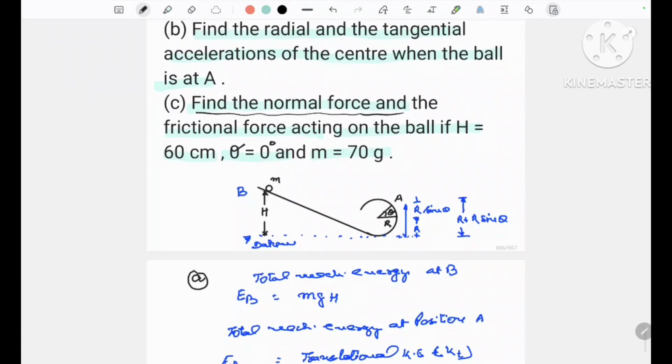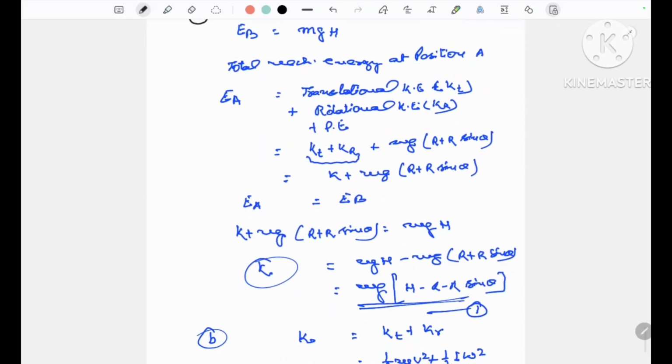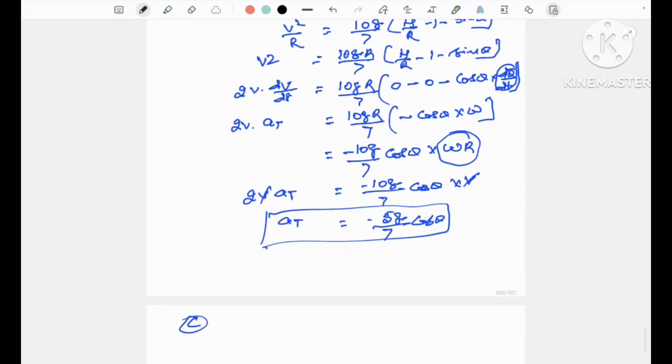Find the normal force and frictional force acting on the ball if h is 60 centimeter, theta is 0 degree and m is 70 gram.